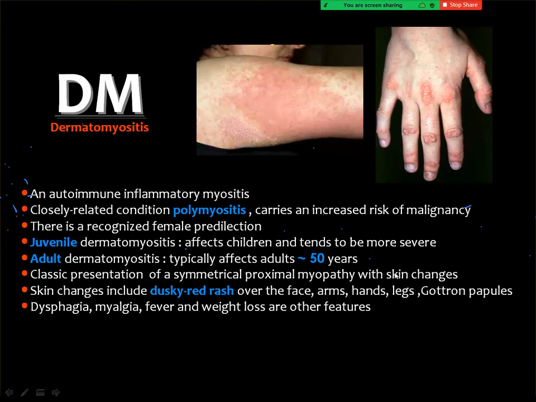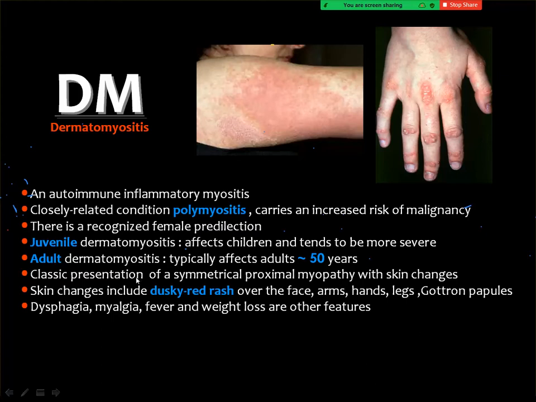Dermatomyositis is an autoimmune inflammatory myositis, and it has a risk of malignancy, and there is a recognized female predilection with two types, the juvenile type and the adult type, which is seen in adults around the age of 50 years.